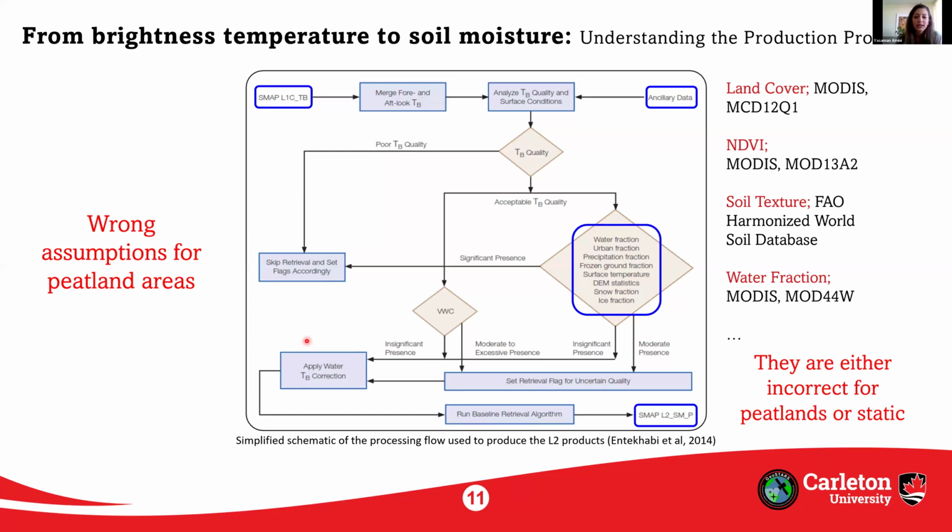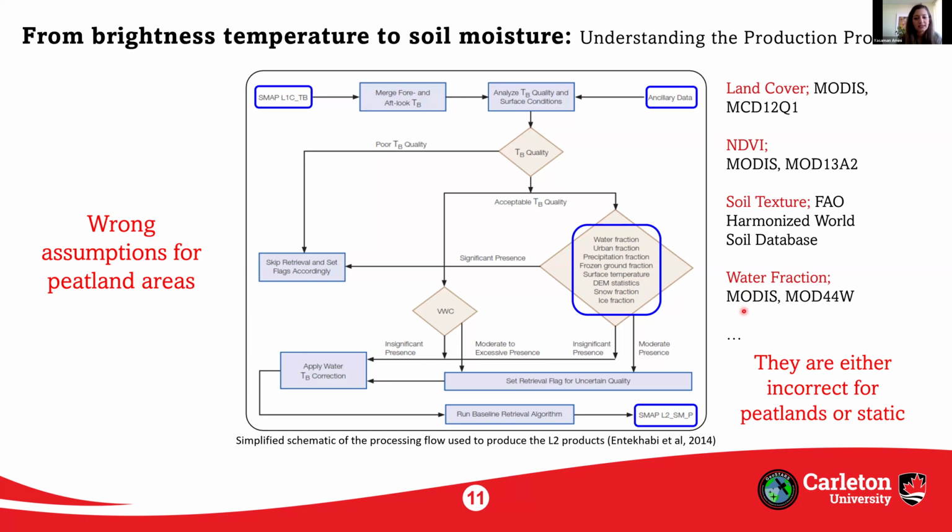When we look at the soil moisture values in peatland areas, they are not very accurate, often overestimated or underestimated, because soil moisture is estimated using brightness temperature combined with other ancillary data: land cover, NDVI, soil texture, or water fraction.